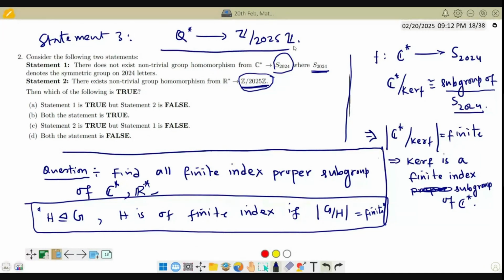How do you compute how many homomorphisms there are? For that also you need to consider Q star. So the question is just this. Is it clear? Yes, sir. So now how will you approach this question?